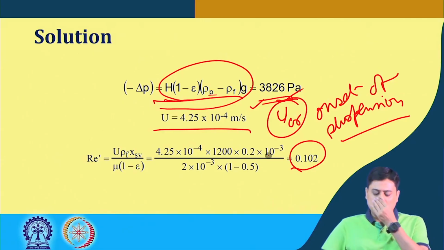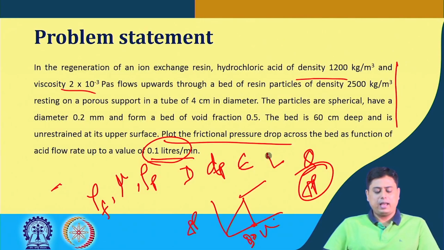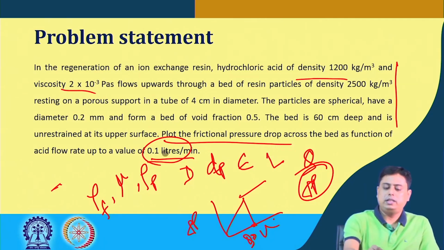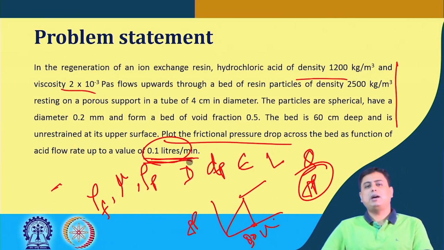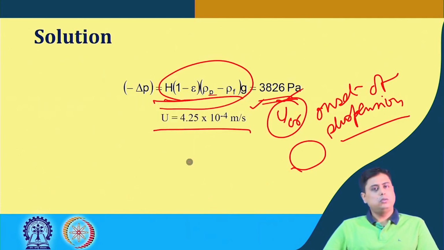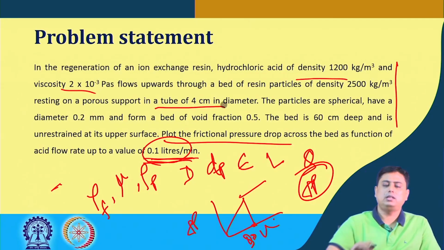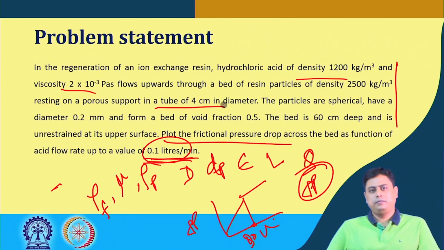Fine. Now, what will happen? This plot I have not shown here. The thing is that for this liter per minute of flow, okay, you can calculate the U, because the cross section is given here, the bed diameter, the tube diameter is mentioned.